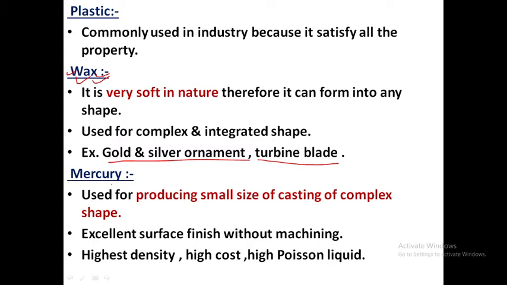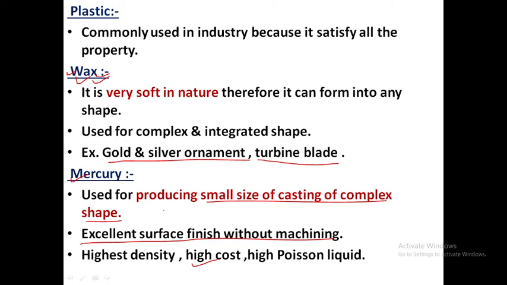Next, mercury. This is also used as a pattern for small size, complex shapes, and it gives an excellent surface finish without machining. Also it has the highest density, but it has a high cost, and mercury, as we know, is a highly poisonous liquid, so it is normally avoided.